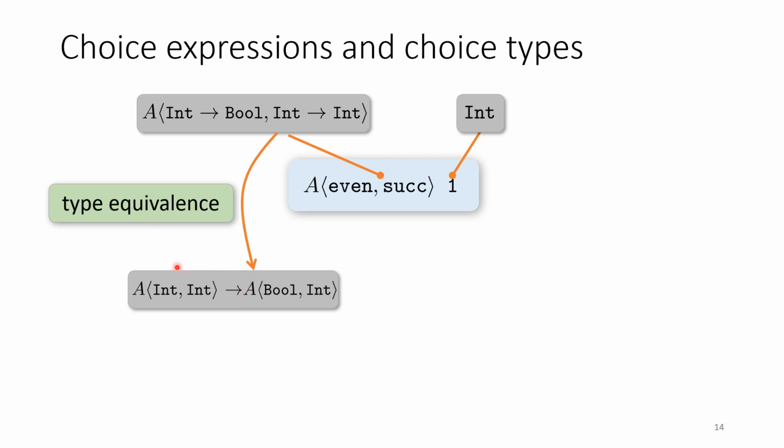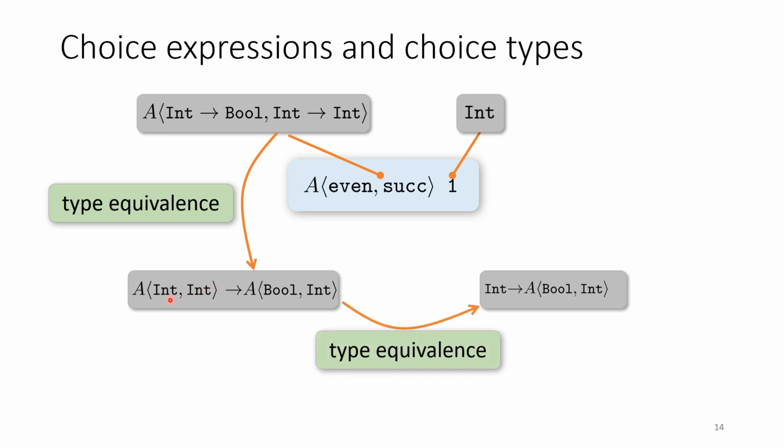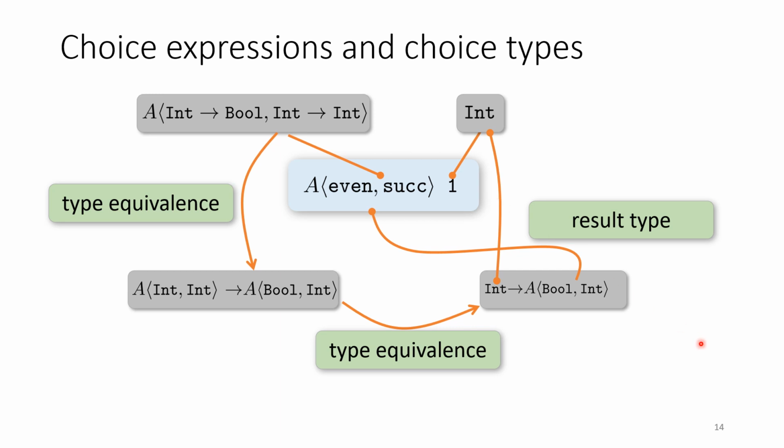Now, if we look at this type, we can see that the parameter type is a choice between 2 same types, so we can eliminate that choice. Now the parameter type and the type of the argument match, so this expression is well typed and its return type is a boolean.